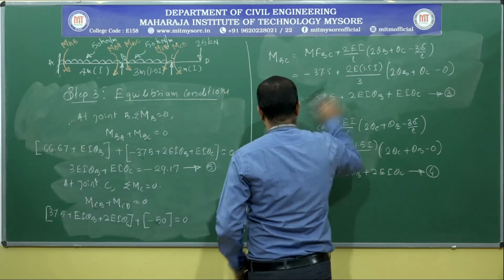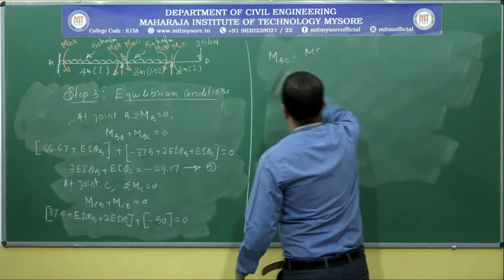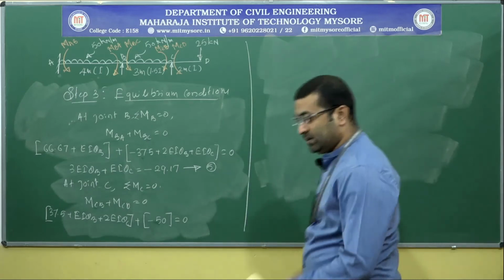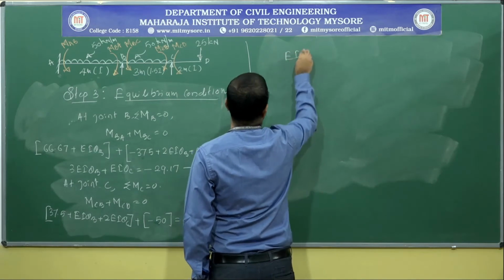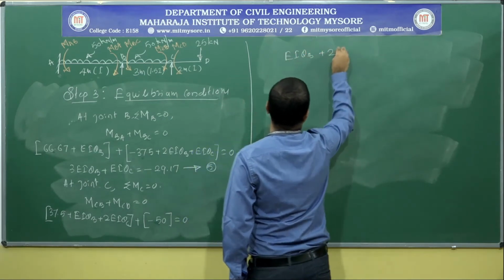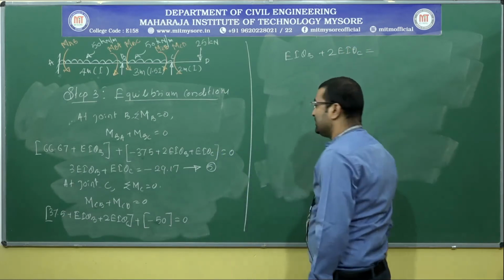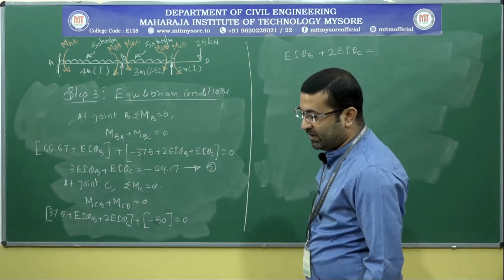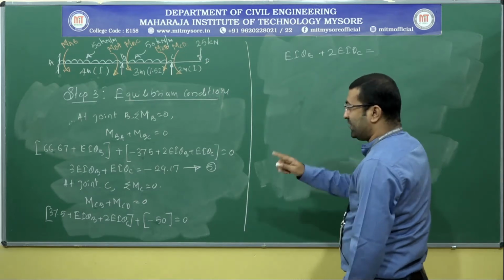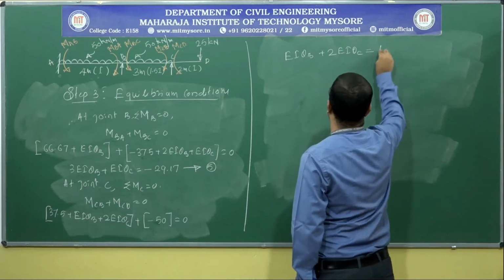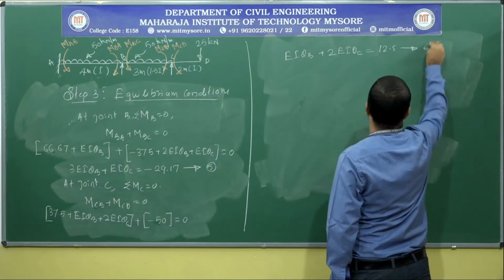When we solve this, we come out with one more equation: EI theta B plus 2 times EI theta C equals minus 12.5. If I take it to the other side, it becomes plus 12.5. So let us call this equation number 6.